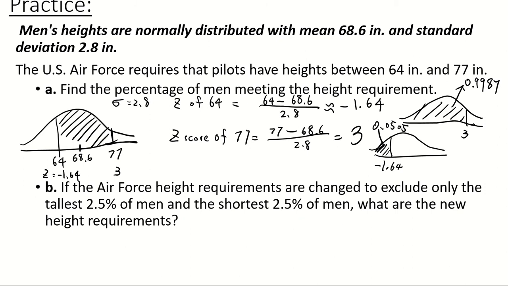To find the shaded area here, you need to use 0.9987 minus 0.0505, which is 0.9482. And so that means the percentage of men meeting this height requirement is 94.82%.